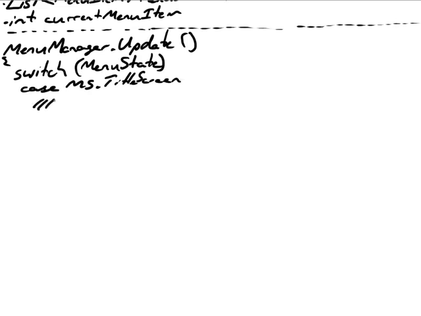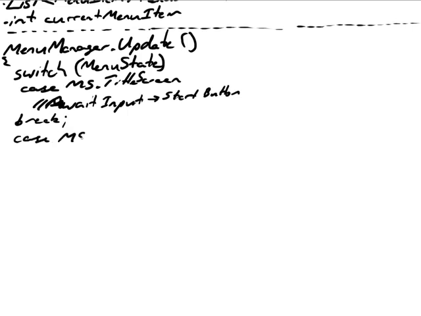And here it awaits input to begin game, which in our case is going to be the start button on the gamepad. And secondly, case menu state dot main menu.